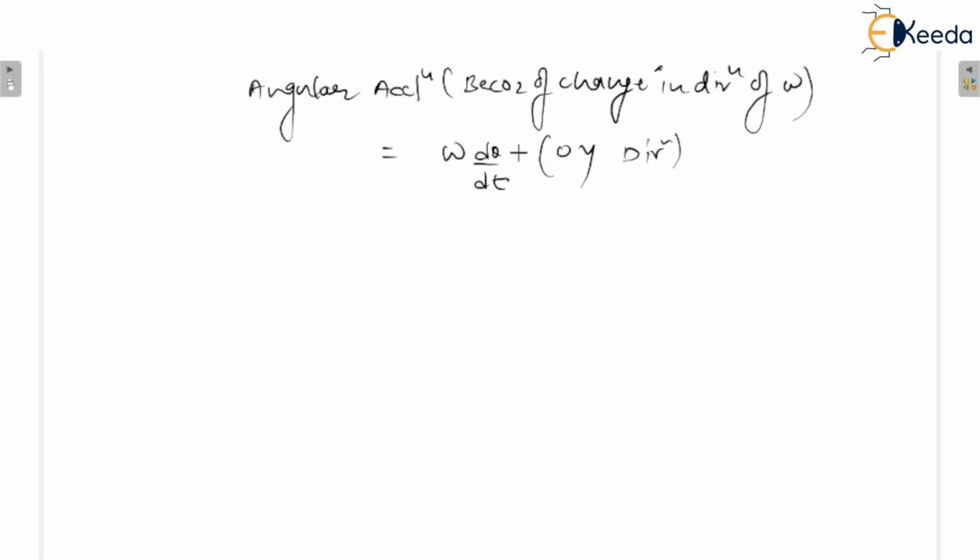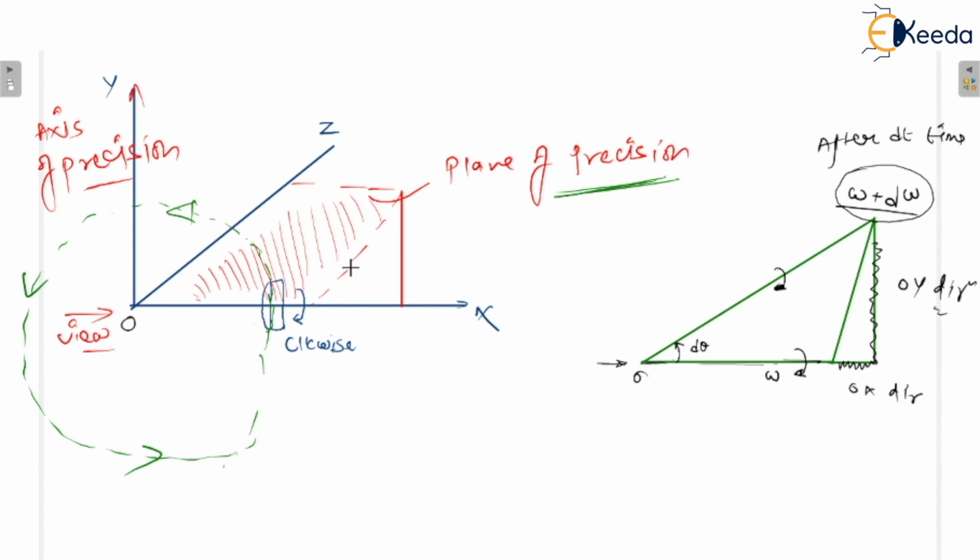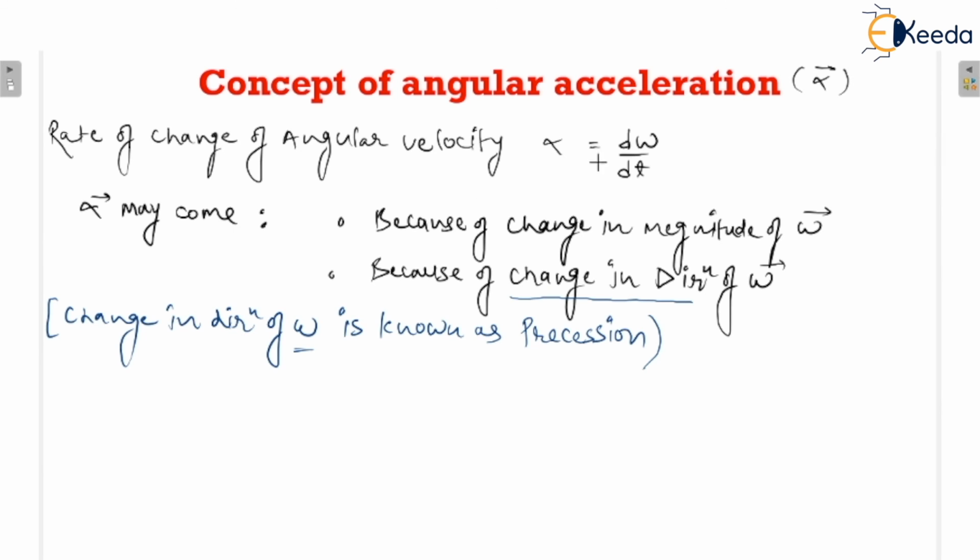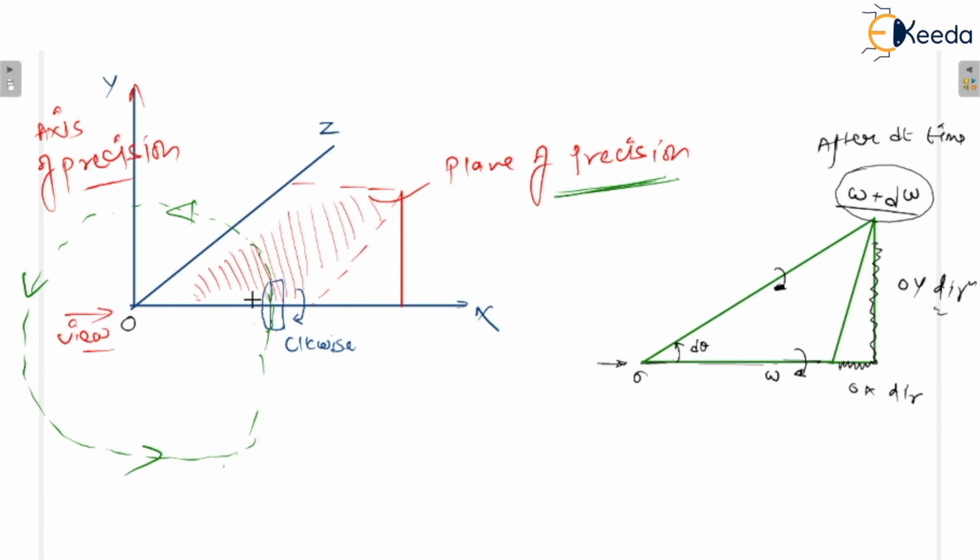So what is d theta by dt? We have seen previously, you can see in the diagram, we have rotated this body through an angle d theta. This is the plane of precession.